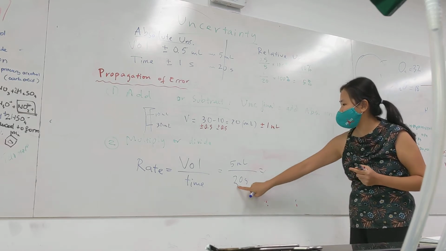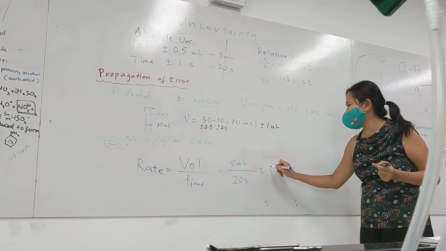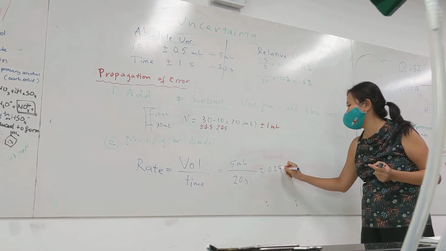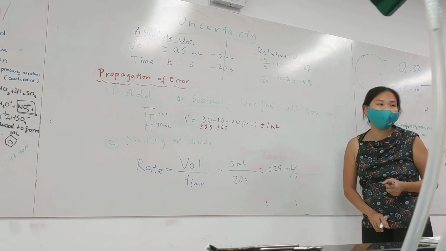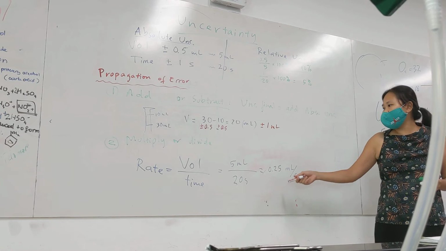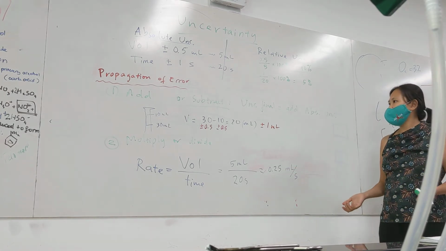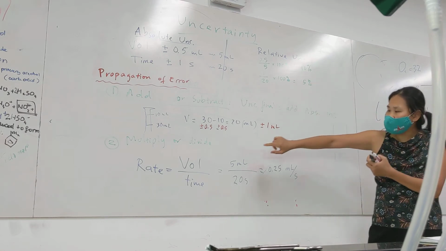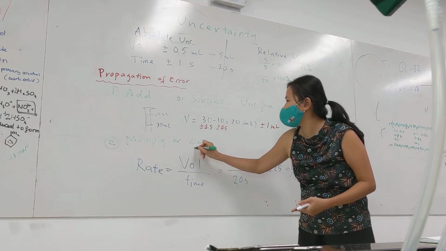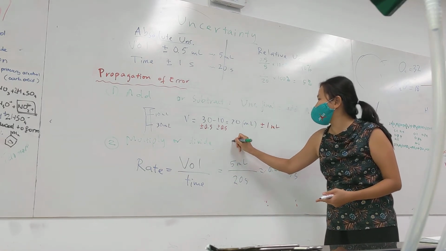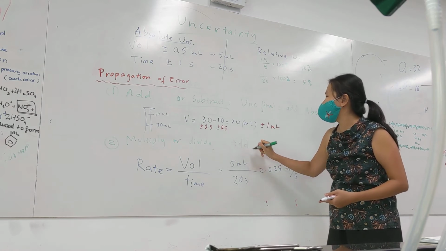So your rate is 5 divided by 20, so that's 1/4, so 0.25 milliliter per second. That is your rate, right? So what is the uncertainty for that 0.25 milliliter per second? Well, you've got to propagate it, and the rule is whenever you multiply or divide, you have to add together the relative uncertainty.